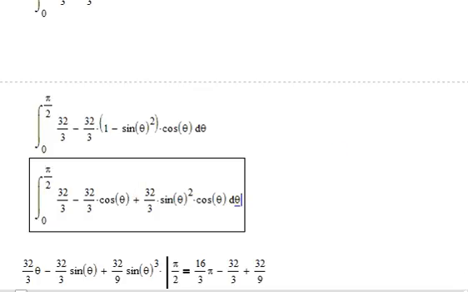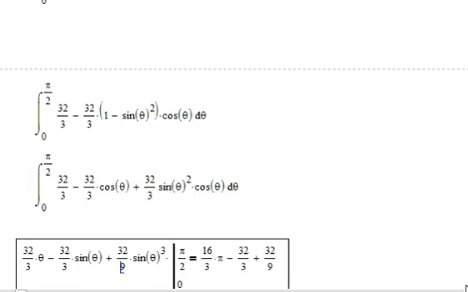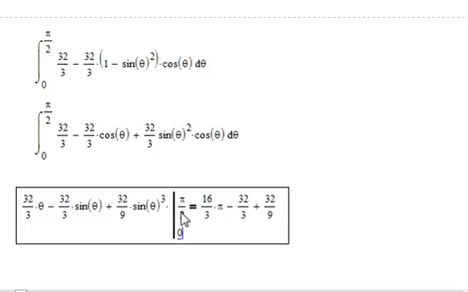So that would be perfect, and we'll get an answer of u cubed over 3. And the over 3 makes that a 9. And the integral of cosine is sine, so we got 32/3 theta minus 32/3 sine theta plus 32/9 times sine cubed theta, evaluated between 0 and pi over 2.